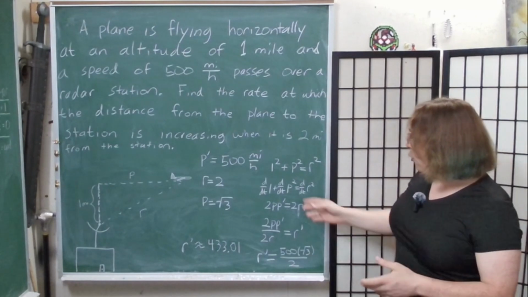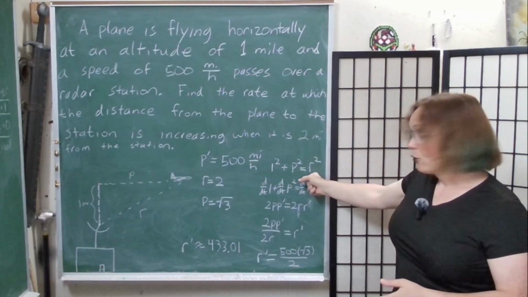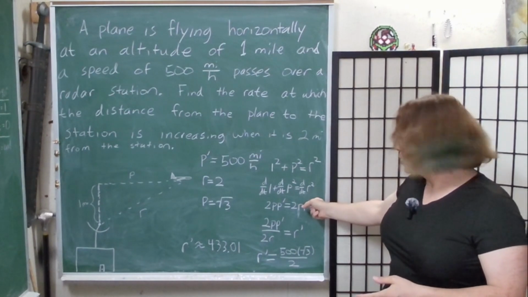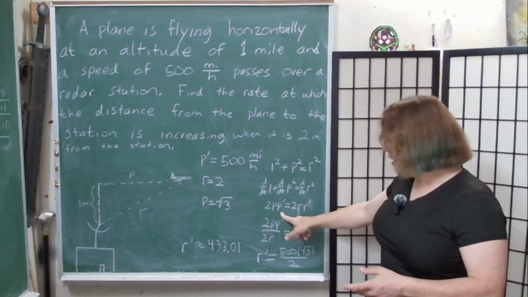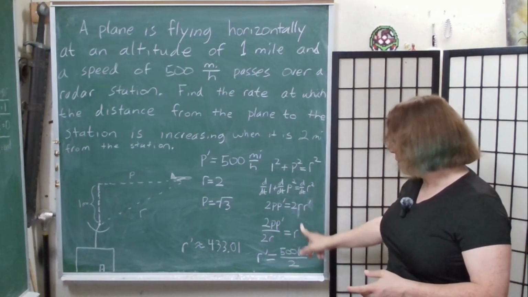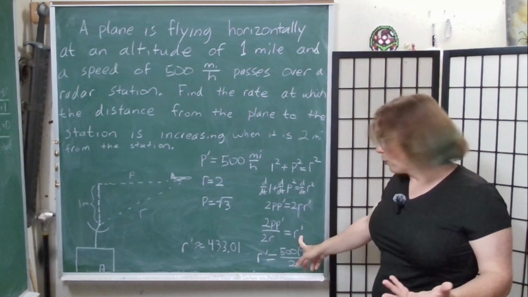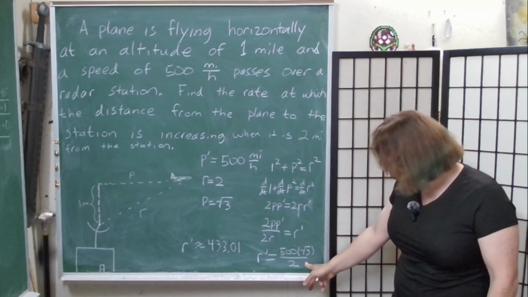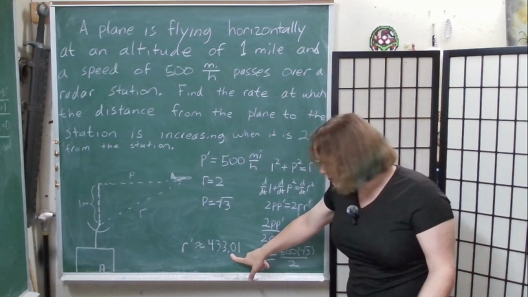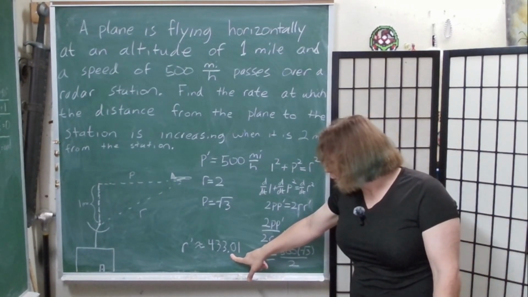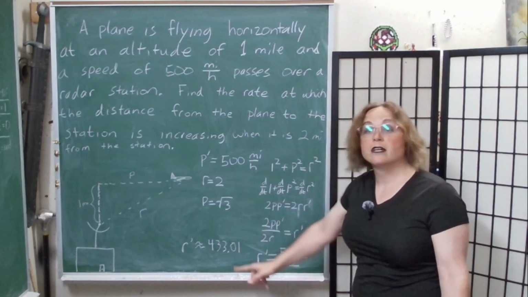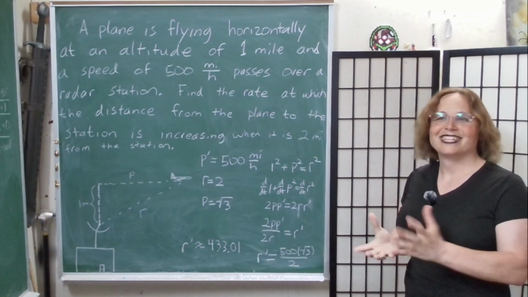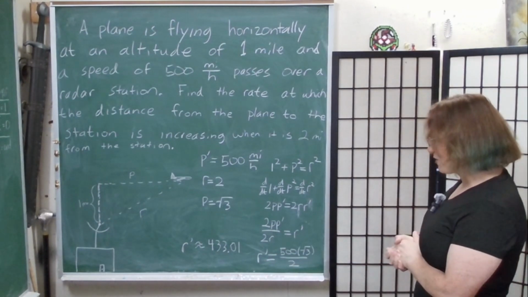So from that, we set up our right triangle situation, do our differentiation, and we get that 2pp prime is equal to 2rr prime. Solve for r prime, the thing we're looking for, and we plug in our values of 500 root 3 over 2 and get approximately 433.01 meters per second, or miles per hour. Sorry, getting back into metric there.